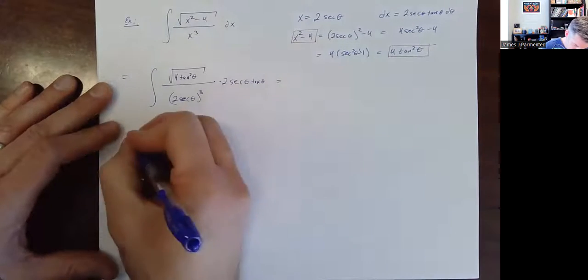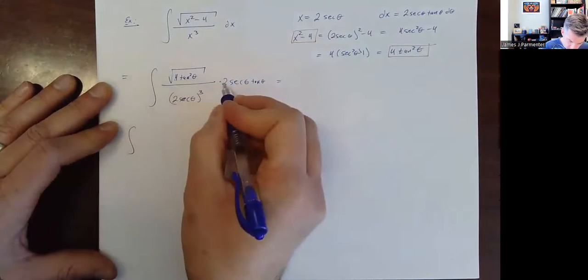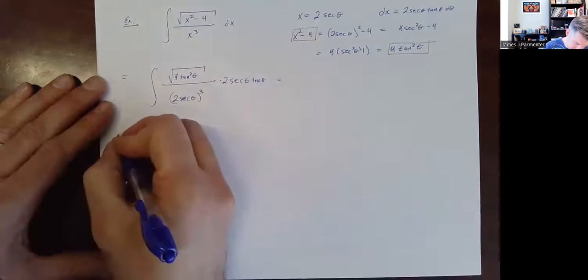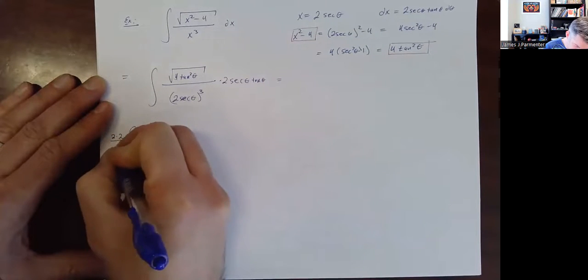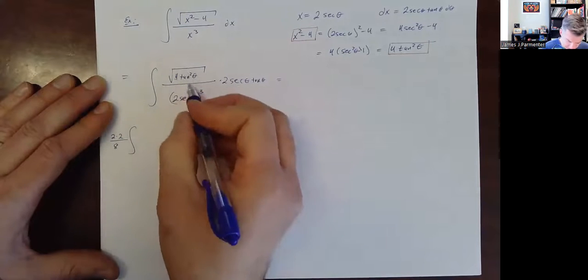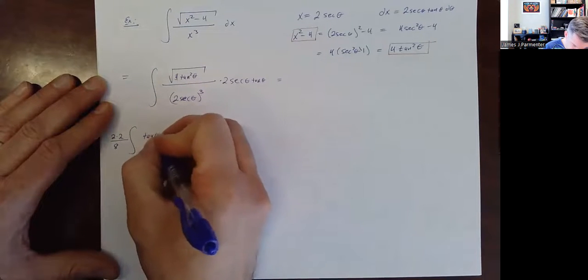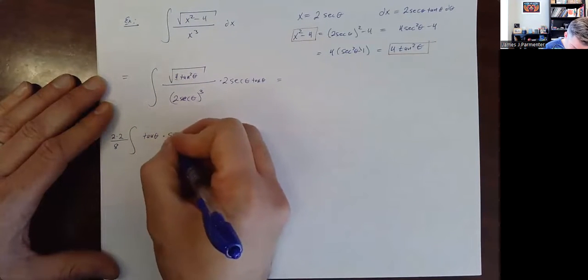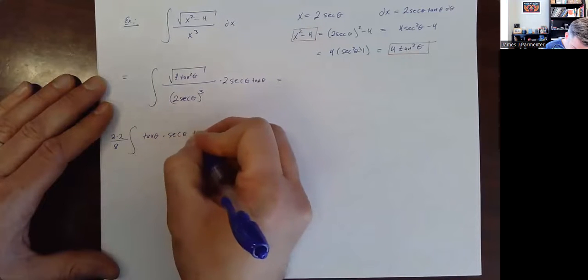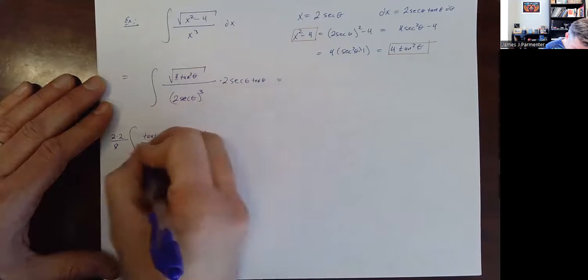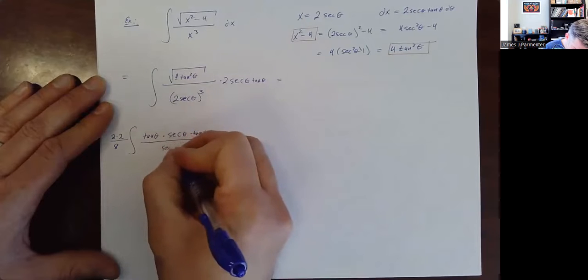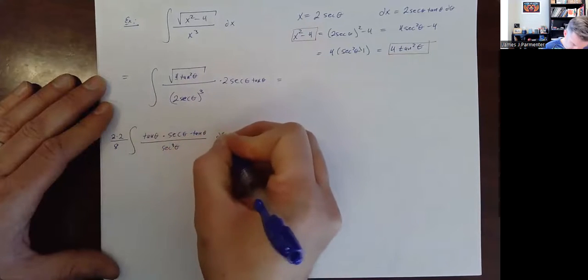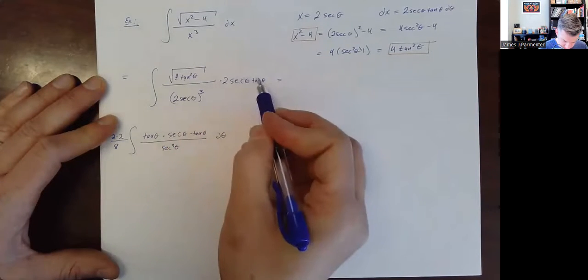We're going to get 2 times 2 over 8. And then I have the square root of tangent squared, which is tangent of theta, times secant theta tangent theta over secant cubed theta. Right, that's everything: tangent, secant, and then secant cubed.